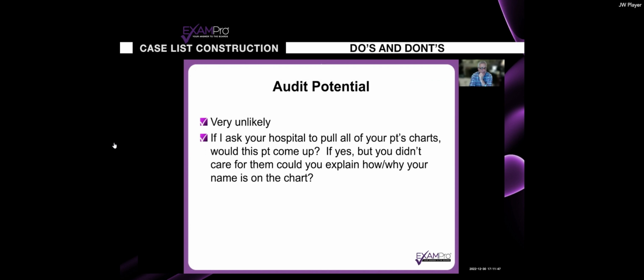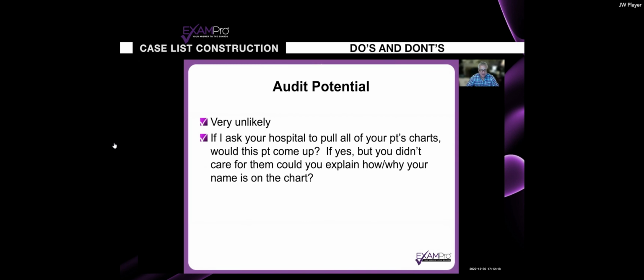Audit potential, so it's highly unlikely they're going to audit you. But if I were the auditor and I came to your hospital and I said, hey, can you pull all of Dr. Jones' patients or charts? The question you need to ask yourself is, would this patient come up? If it's yes, but you provided no care. So let's say you were the attending of the month on OB, but you went away for the last week of June, but the admitting folks just had you on for the whole month.